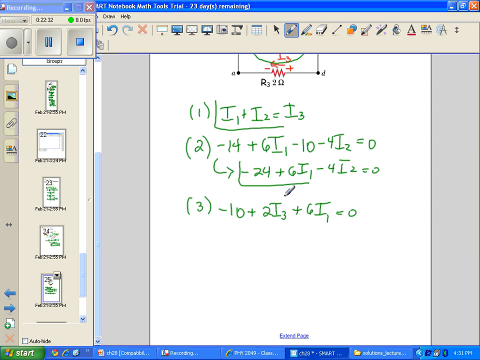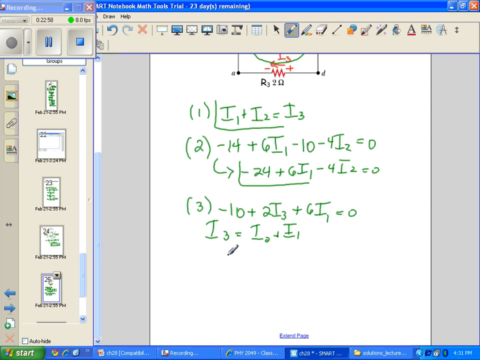Minus 10 plus 2I3 plus 6I1 equals 0. I want to substitute I3 equals I2 plus I1 into this equation so that 2 and 3 will both have I1 and I2 terms in it.